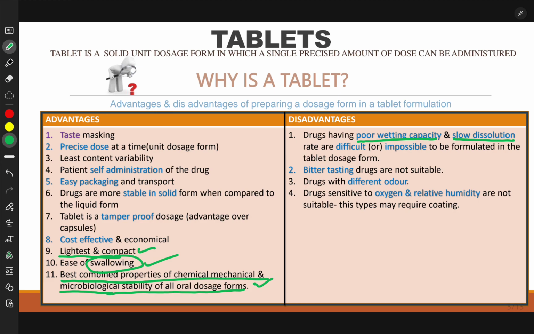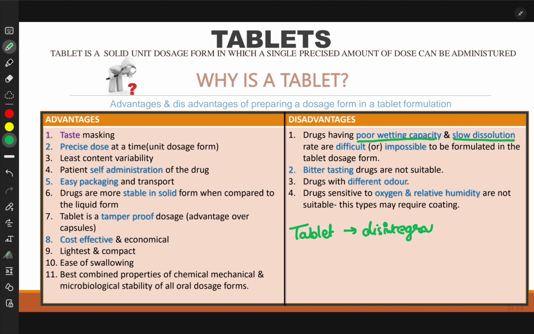Let me explain one simple process of how the tablet is converted and absorbed, so that you can understand dissolution, disintegration and so on. First, when the tablet is ingested, it is disintegrated, then dissolved, then absorbed. These are the simple steps involved in tablet absorption.